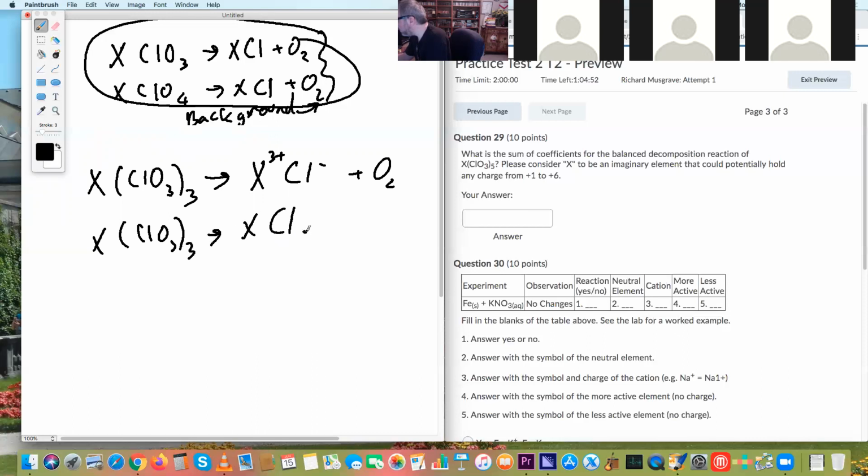That'd be XCl3 plus O2. We'd have 9 oxygens on this side, so put a 2 in front of here and a 9 in front of here to balance that. Stick a 2 in here. The answer there would be 13. So that's the basis of it. That's how we're coming up with those answers.